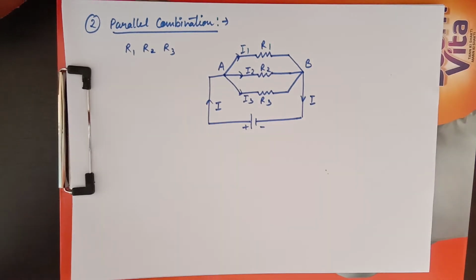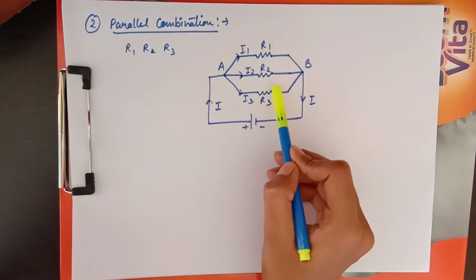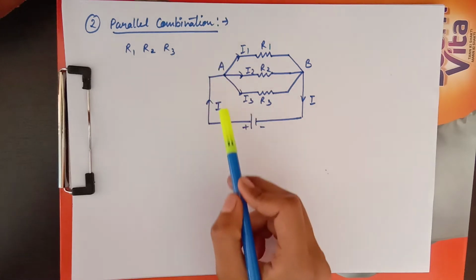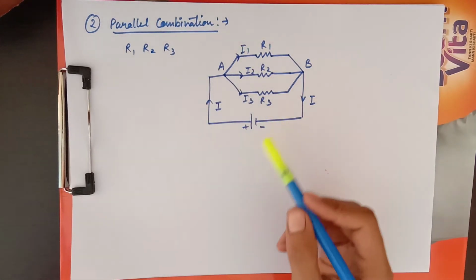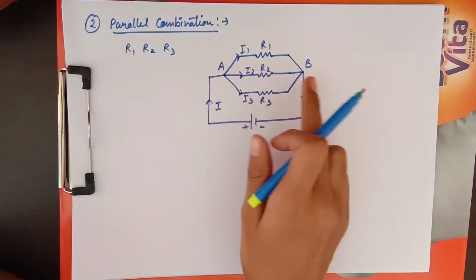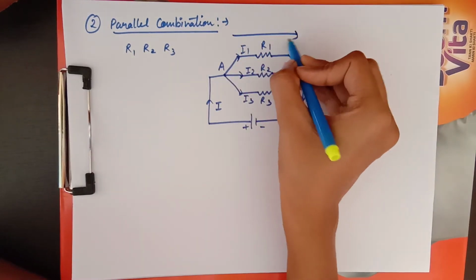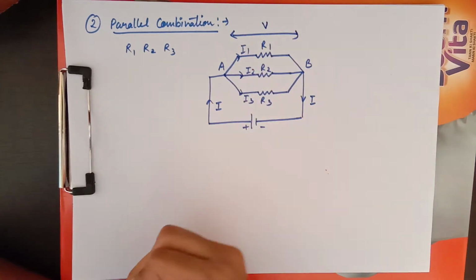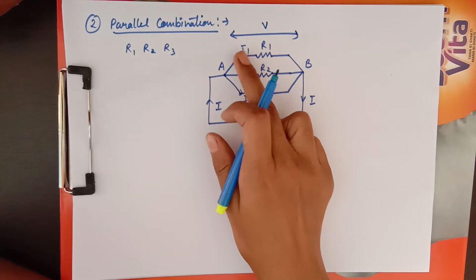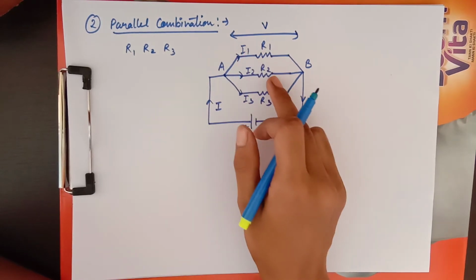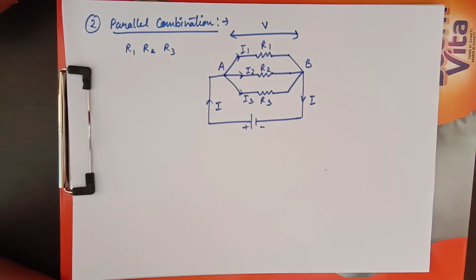In the case of series combination, you saw that the current was the same for all the resistors, but in the case of parallel combination the current is different for each resistor. Here, as the two end points are the same for each resistor, the potential will be the same for each resistor. Let's say the potential is V and the current for R1 is I1, for R2 it is I2 and for R3 it is I3.